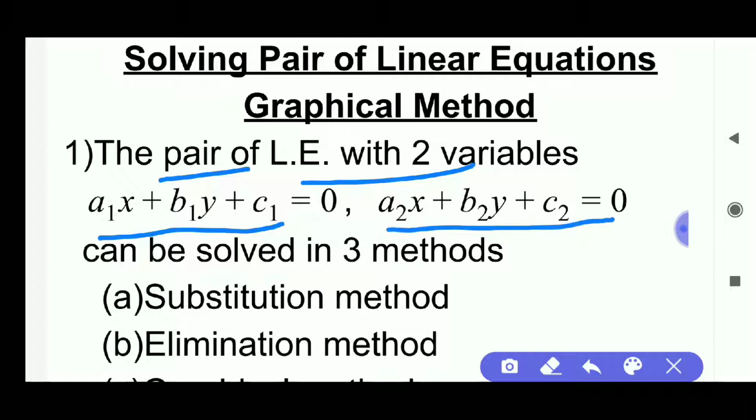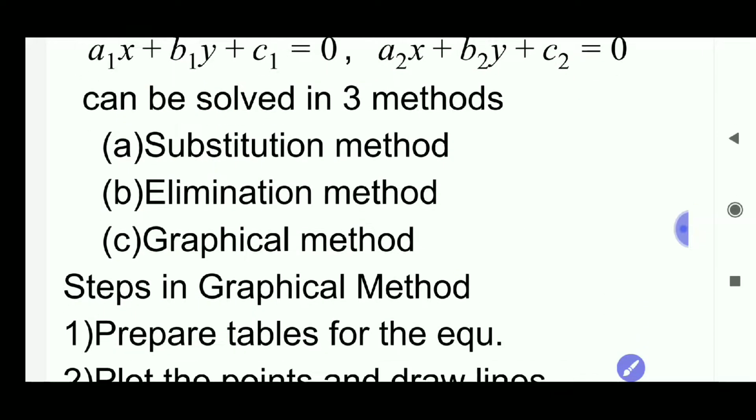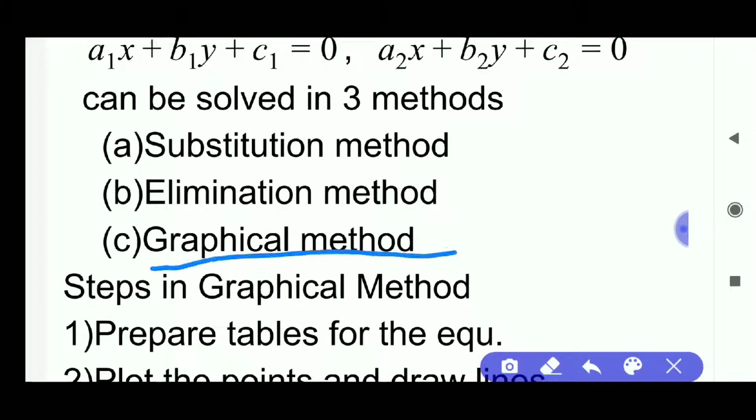These pair of linear equations can be solved in three methods. One is the substitution method, second is the elimination method, and third is the graphical method. In this session, we learn how to solve a pair of linear equations in the graphical method.